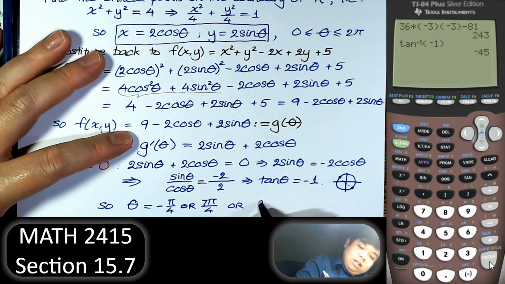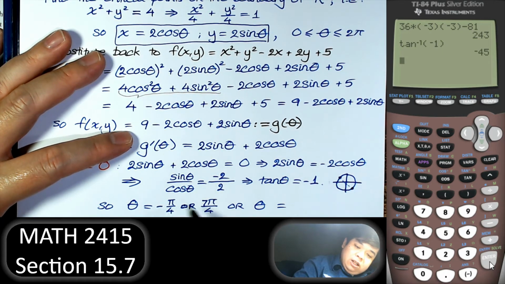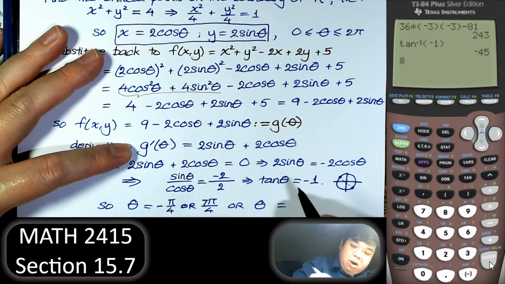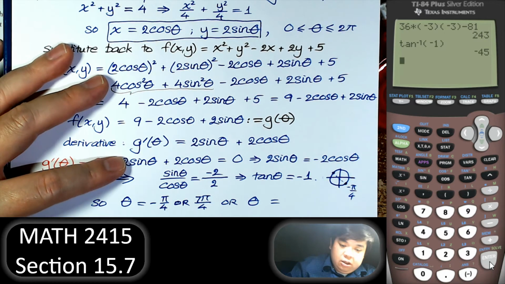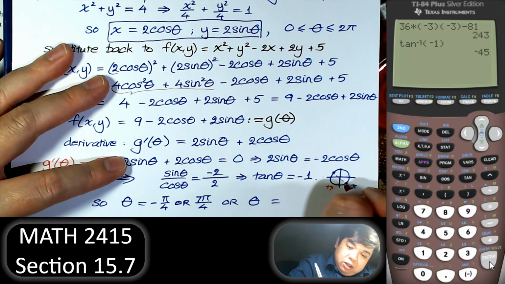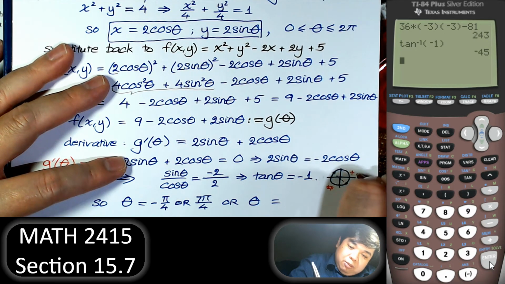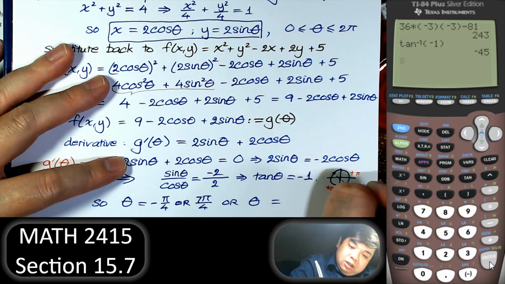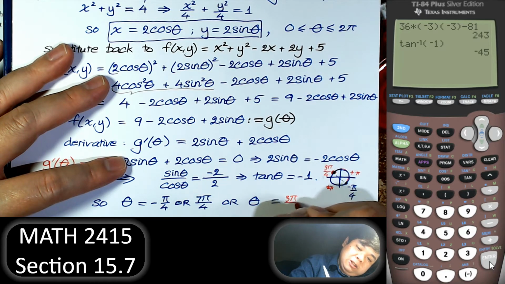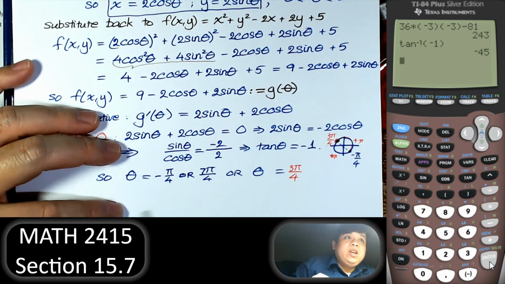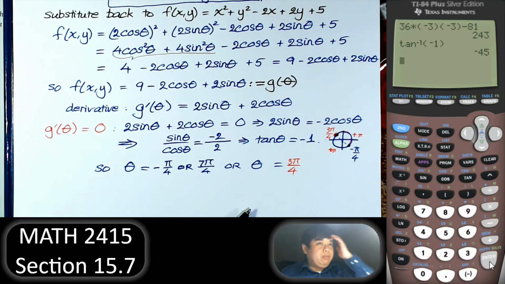Or we can say theta equal to negative pi over 4 plus pi. If you add a pi to it and go counterclockwise, we have 3 pi over 4. So there are two solutions, 7 pi over 4 and 3 pi over 4.